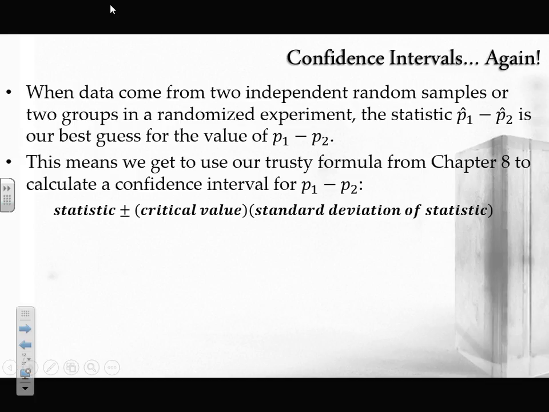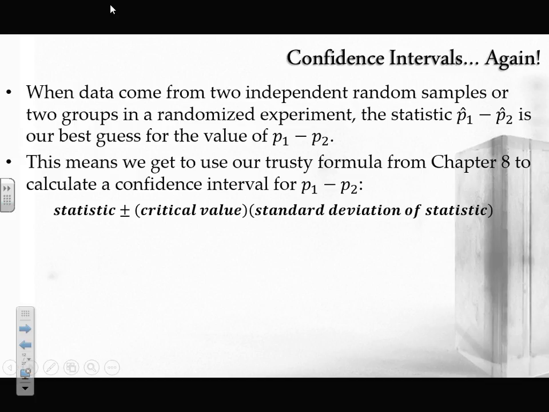Well, for means we'd use T, for proportions we'd use Z, but how do I know what exact value I need? In order to look it up on the table, I would need the confidence level. Okay? So your critical value is determined by your confidence level.